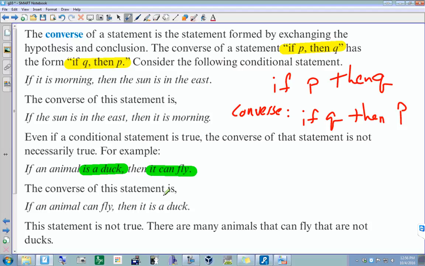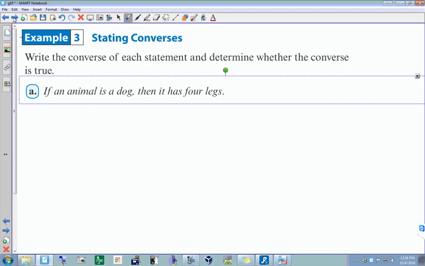Because we wouldn't want to say a car is a duck, right? And then can fly down here, it is a duck. So be careful about that. If I need that qualifier in there, if an animal, if something, that's not part of the hypothesis, okay? So, continuing on.